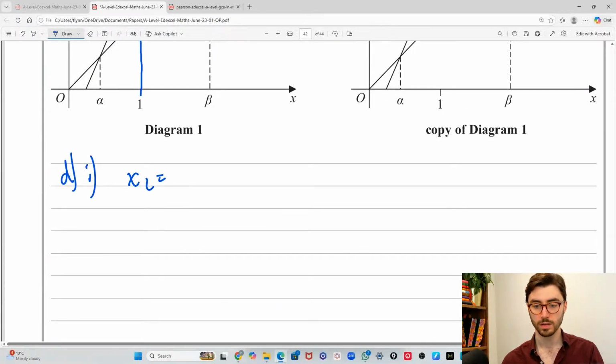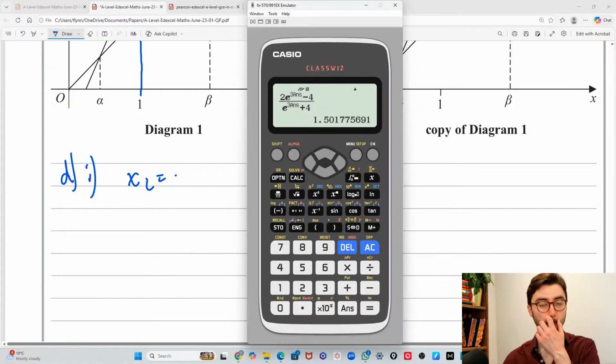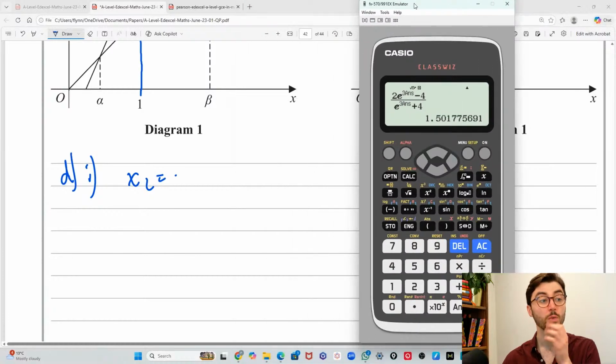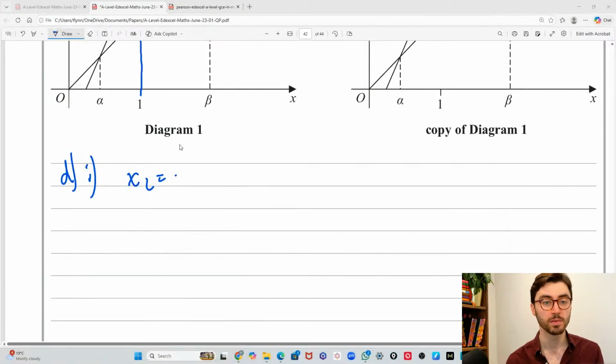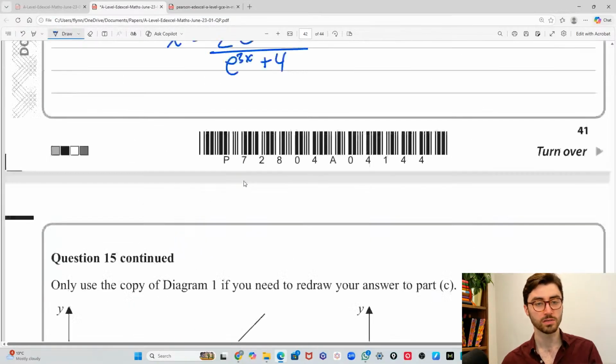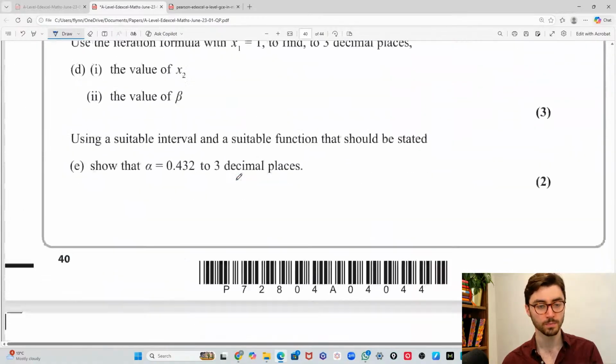Well, you see it. So I'm just going to copy down what the number is: 1.502 is 3 decimal places, which is what they wanted.